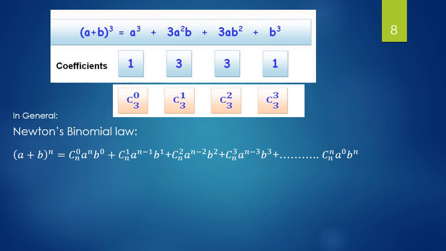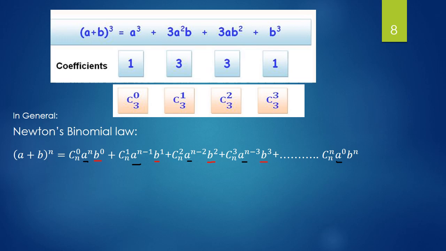First, look at the power of a. We have a^n, a^(n-1), a^(n-2), a^(n-3). The power of a decreases by 1 until we get a^0. Look at the power of b. We have b^0, b^1, b^2, b^3.